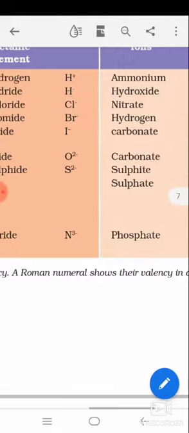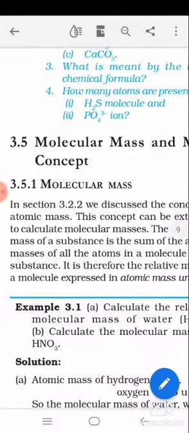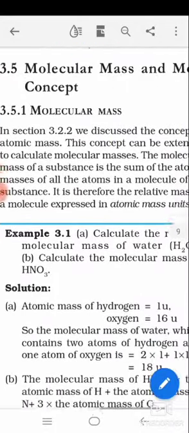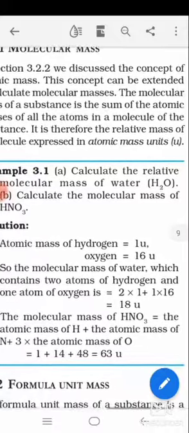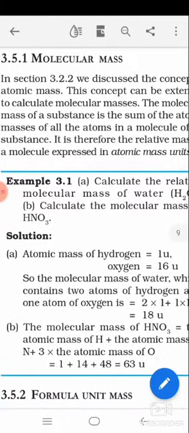Complete the questions and answers, and don't forget to make notes on the molecular mass concept: how can we find the molecular mass? I am also providing questions to find the molecular mass of carbon dioxide. Write it, CO2. It is not in your textbook, so while listening to this class, write it in your notebook.